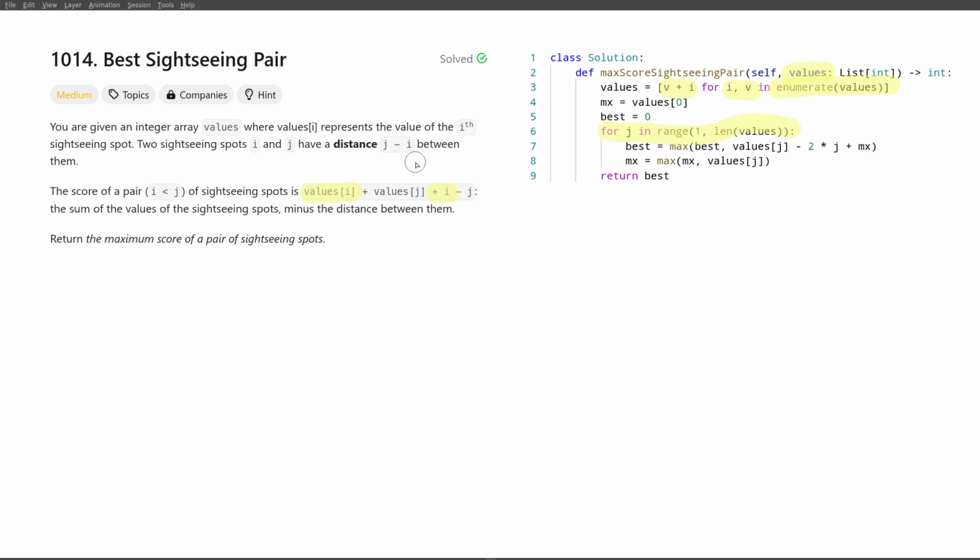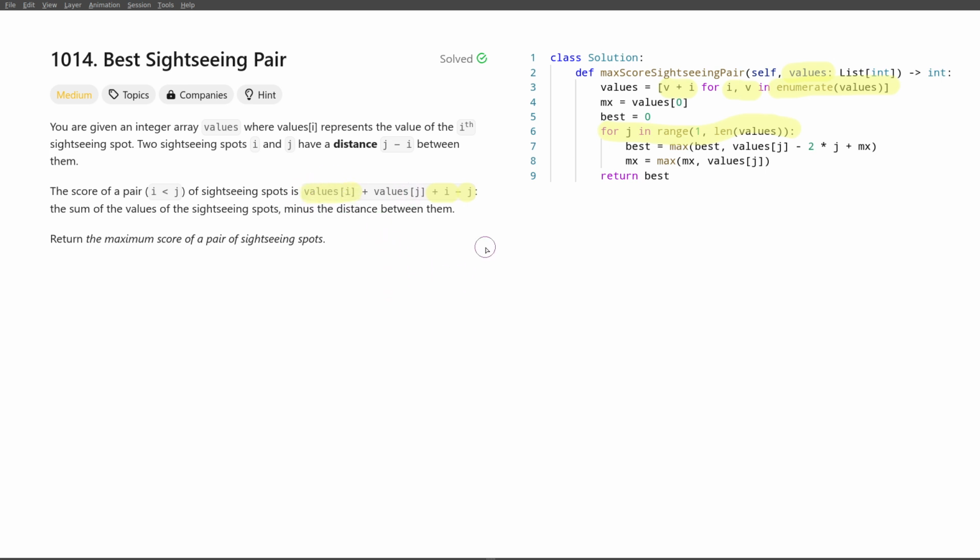And now the final result here would be values of i plus values of j minus 2 times j. Because we have minus j here and we've also added j here, so we have to subtract it again. And so what is the best i for a given j? Well, it's just the i that gives us the maximum values of i up to j.